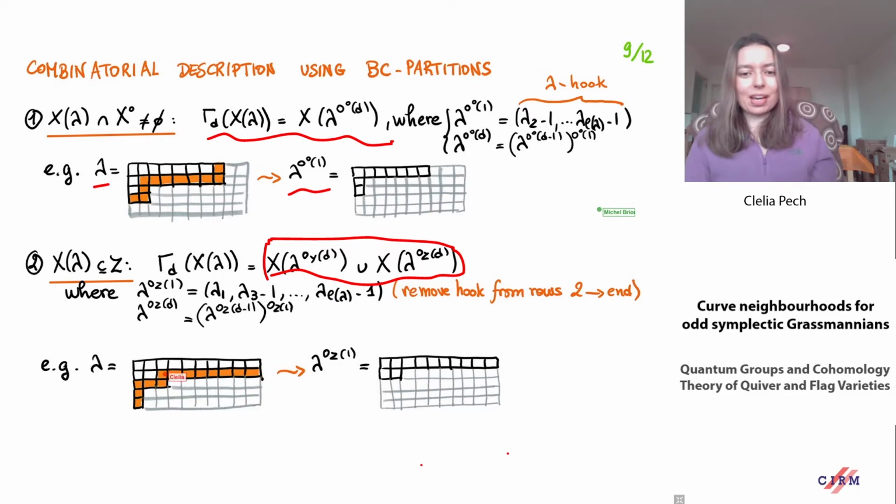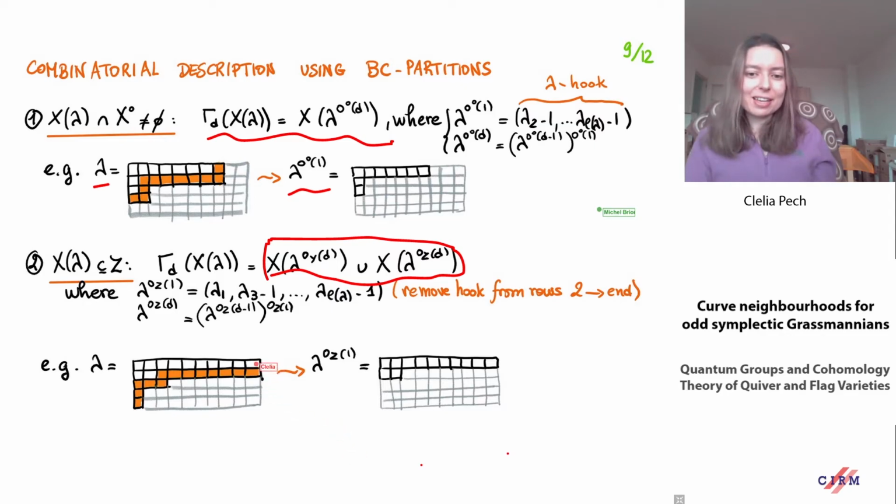That's what I've put here in orange. Actually, I didn't really explain this. But if I have the full top row, that means I'm contained in the closed orbit. So removing that hook from all the rows except the top one means I stay in the closed orbit.